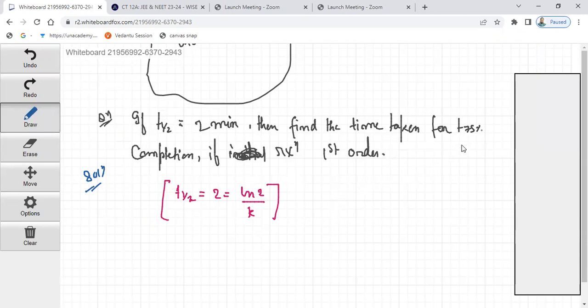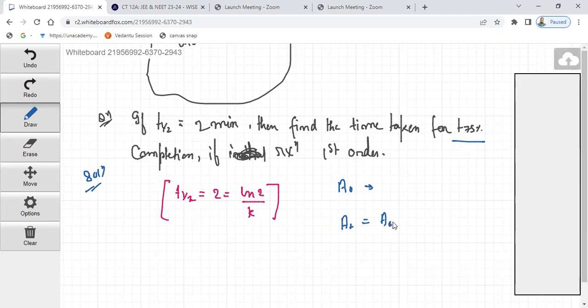What do you mean by the time taken for 75% completion? Suppose the initial reactant value is A naught. What is the At value? With 75% reacted, only 25% will be remaining.